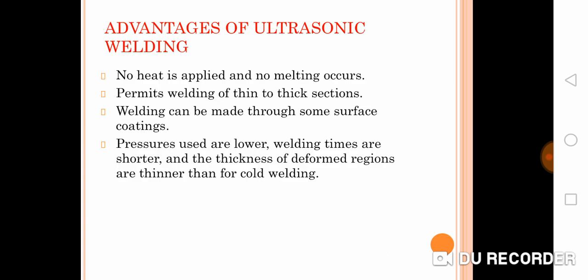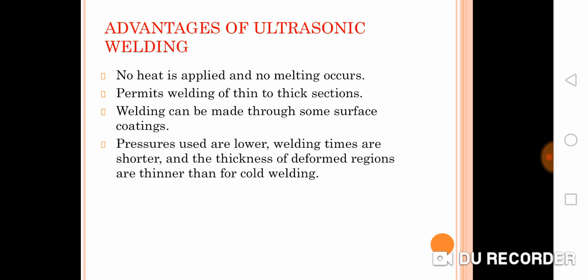Now talking about the advantages of ultrasonic welding, no heat is applied and no melting occurs. Of course, whenever the heat applied is low and melting is low, the weld distortions will also be less. Then it permits the welding of thin to thick sections.